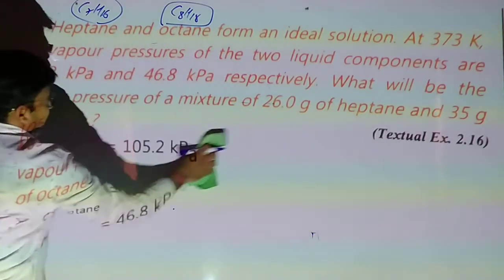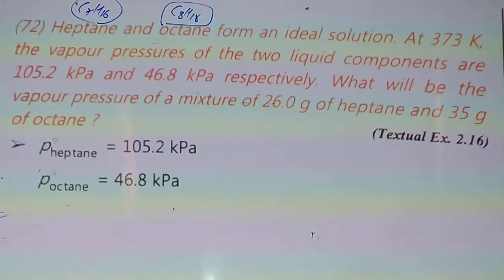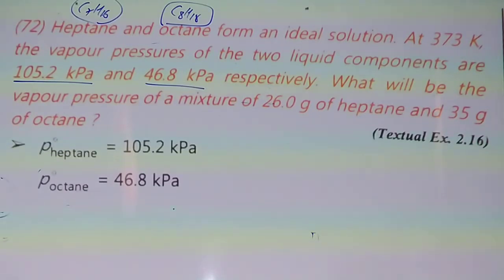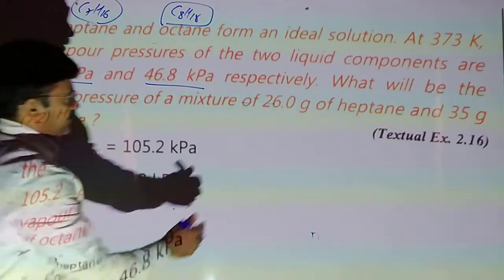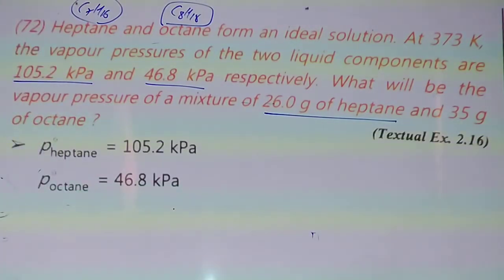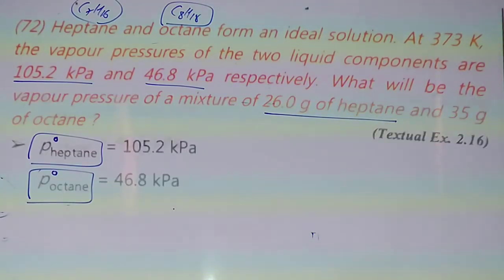The vapor pressures of the two liquid components are 105.2 kilopascal and 46.8 kilopascal respectively. What will be the vapor pressure of the mixture? 26 gram of heptane is given and 35 gram of octane. Here the pure partial pressure of heptane and of octane is given.